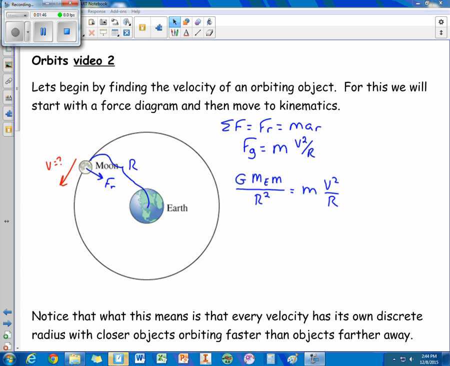Now I can do some algebra. I see that the mass of the satellite, or the moon, cancels out, and this radius cancels out one of those radii. So what we're left with then is the velocity of the object equals G times the mass of the Earth, or the Sun, or whatever's being orbited around, divided by r, underneath the square root.